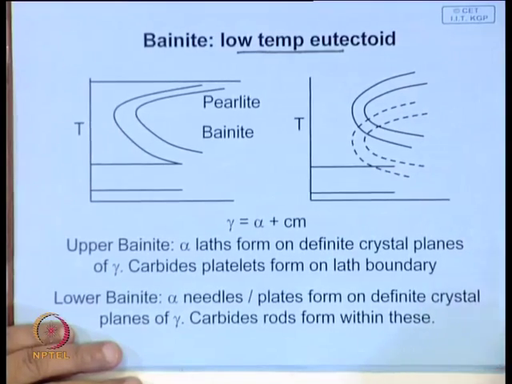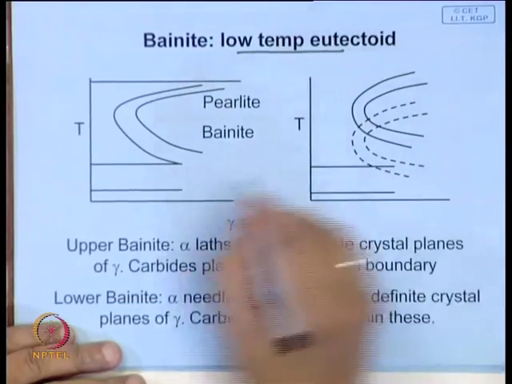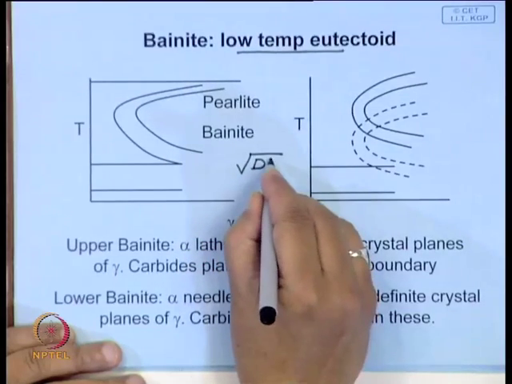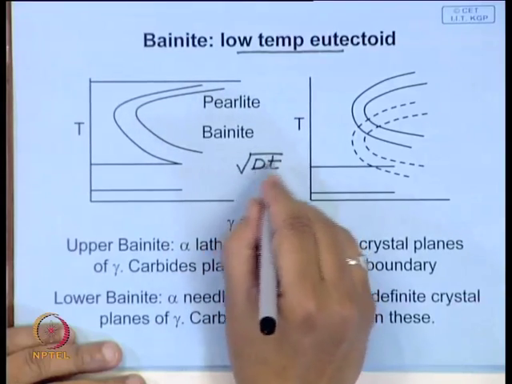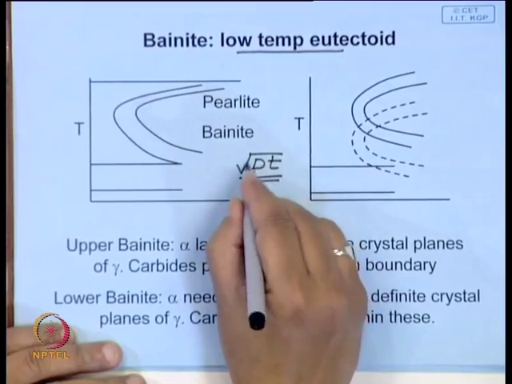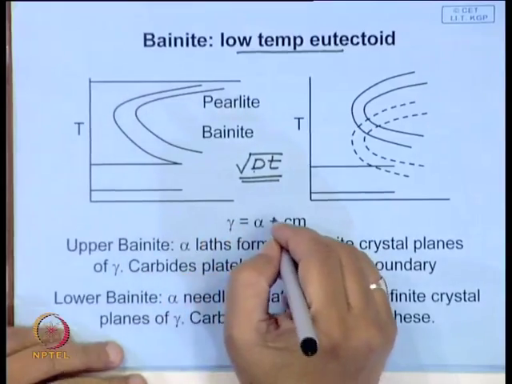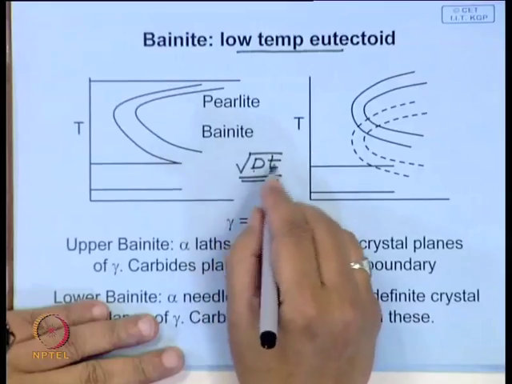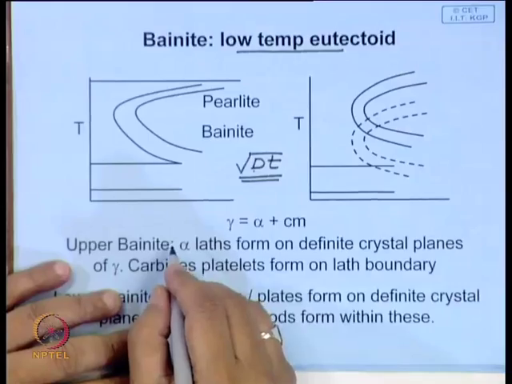Diffusivity of carbon in austenite is very low, and the diffusion distance is proportional to root over Dt, where D is the diffusivity and t is time. If this becomes very low, the distance the carbon can diffuse is shorter. Therefore, you get a much finer dispersion of carbide, so the type of product that you get is a little different.